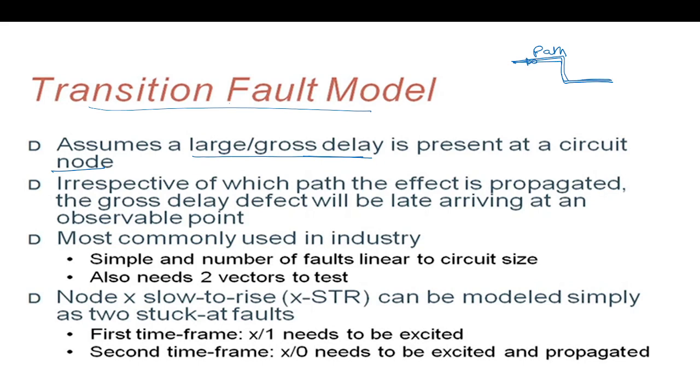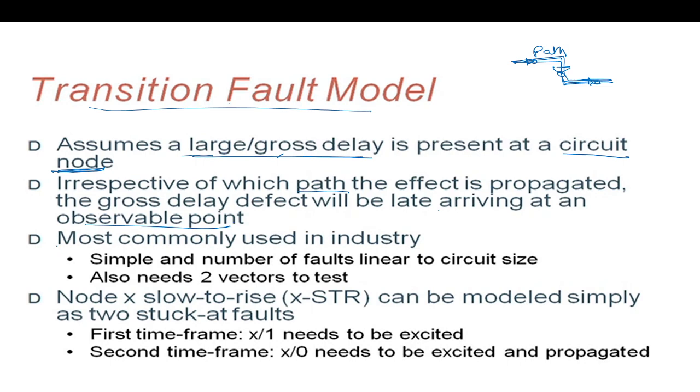This gate could have added delay, this gate could have added delay, and the cumulative delay was considered. Now we consider that a particular circuit node has a larger delay. So irrespective of the path, the effect is propagated. The gross delayed effect will be late arriving at an observable point.